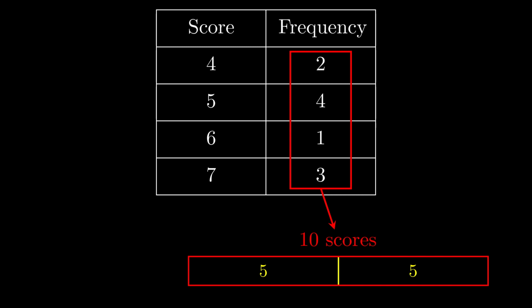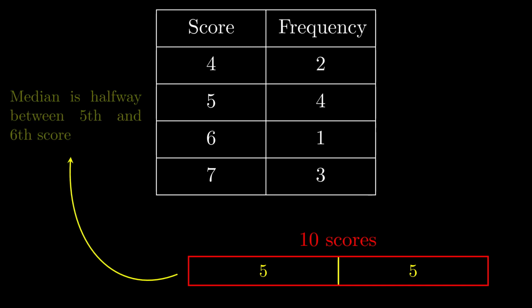So 2 sets of 5 scores. And so the median will be halfway between the 5th score and the 6th score, because you have 5 numbers on the smaller end and 5 numbers on the bigger end.